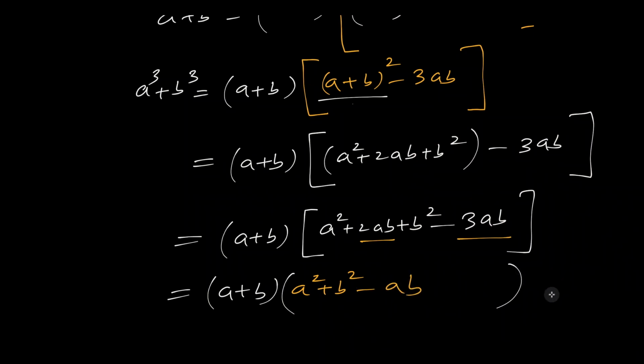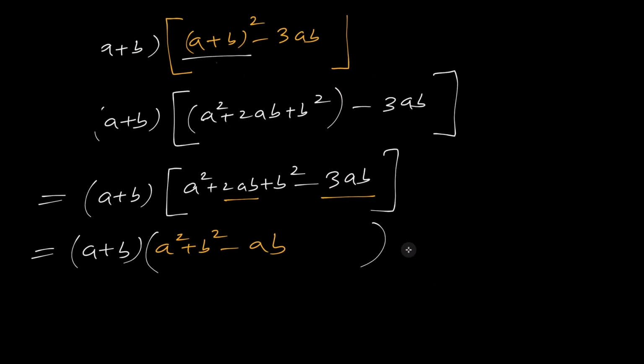We'll solve this one. Okay, if we don't understand what this means, let's consider this is plus 2ab minus 3ab. In case of addition and subtraction, keep in mind that the same kind of variable should be there. It is a product of ab. Here it is also a product of ab.